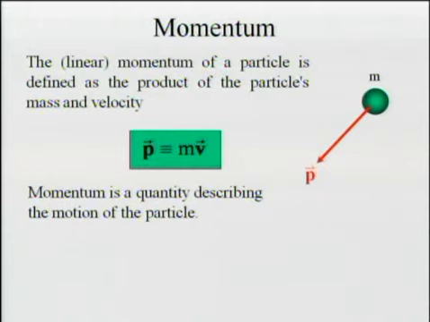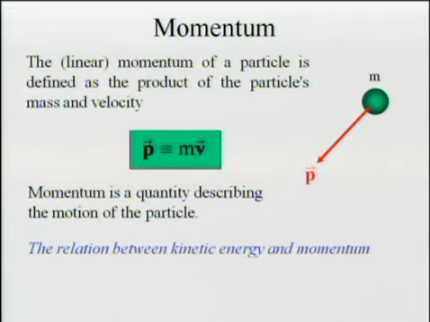Momentum is a quantity which describes motion, and since it describes motion, it is related to other quantities which describe motion. Well, we have already in the definition one of those quantities. Which one? Velocity, correct? So momentum is related to velocity. Velocity describes motion, momentum describes motion.